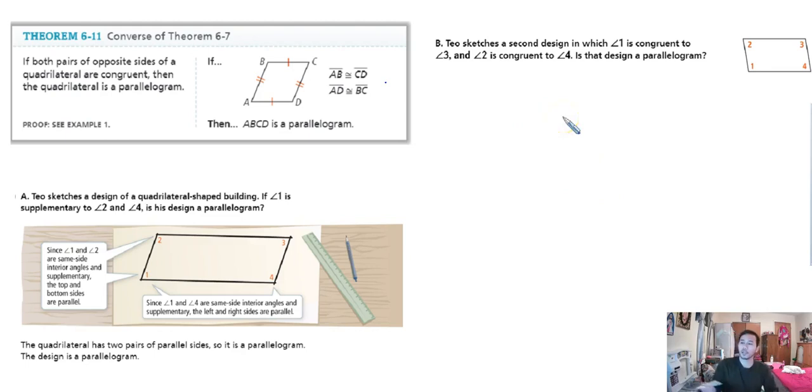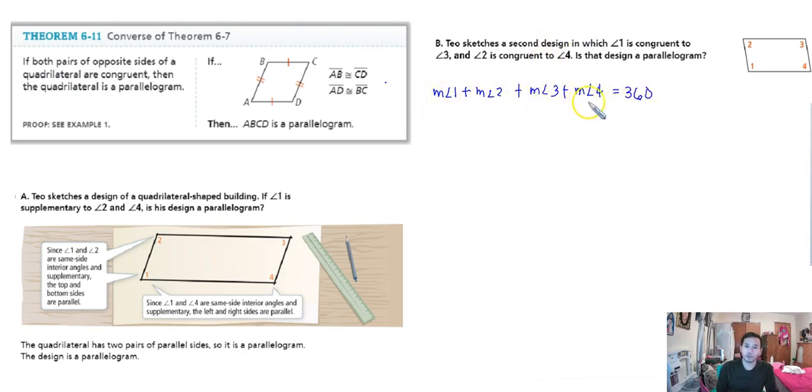So let's take a look at that. The measurement of angle 1 plus the measurement of angle 2 plus the measurement of angle 3 plus the measurement of angle 4 is equal to 360.